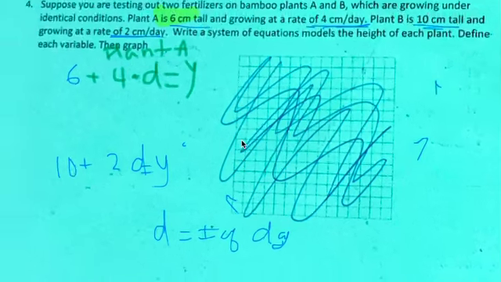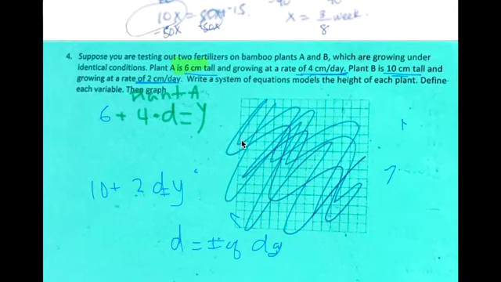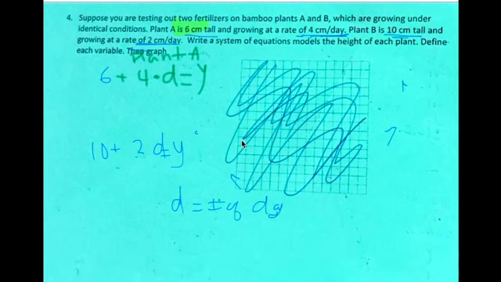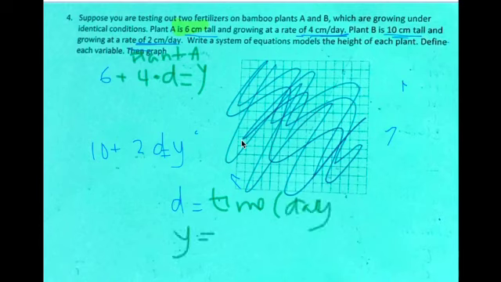Oh, we need to define the variable. You didn't have to graph. Okay, D, number of days, or time in days. Actually, the high school wants you to write time in days. And y is the height of each plant.